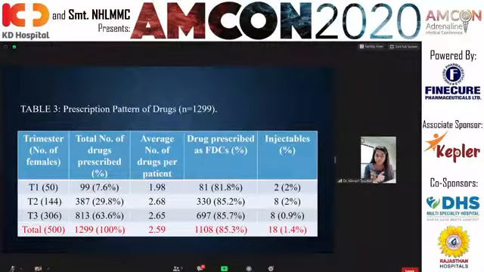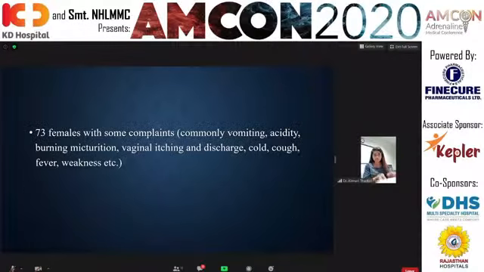It was almost similar in the second and third trimester, around 2.6 drugs per patient. Then we also evaluated how many drugs were prescribed as FDCs. So majority, 85% of the drugs, were prescribed as fixed dose combinations, and injectables were only 1.4% of the total number of drugs. Next, please.